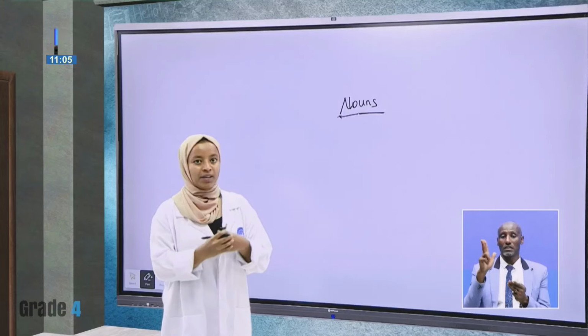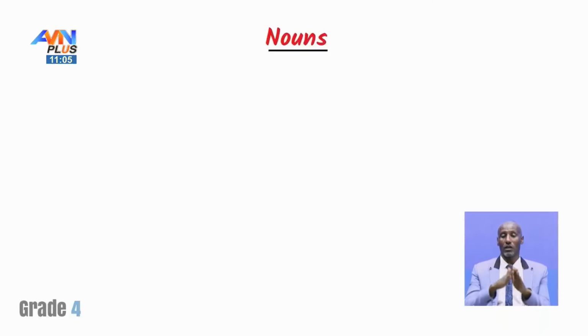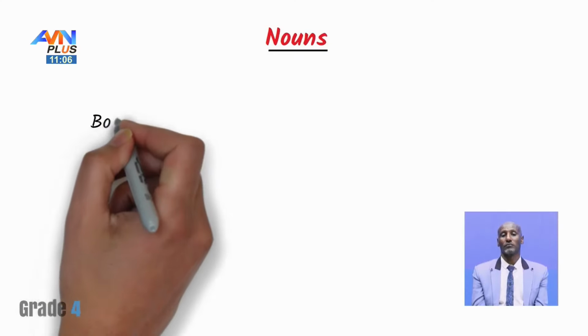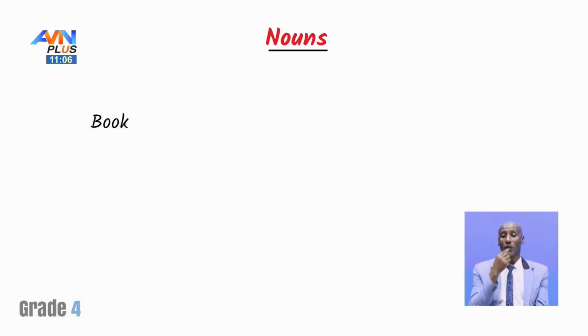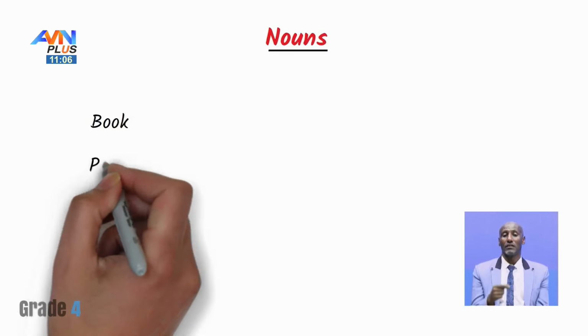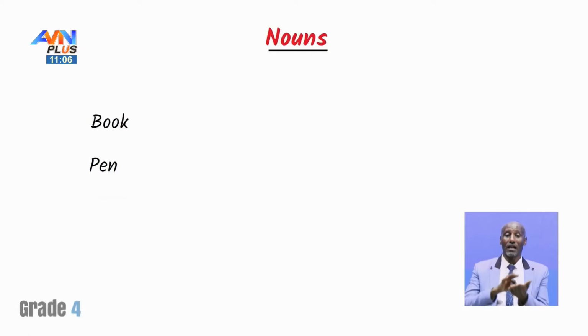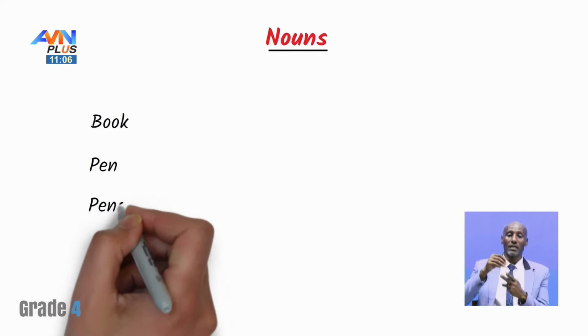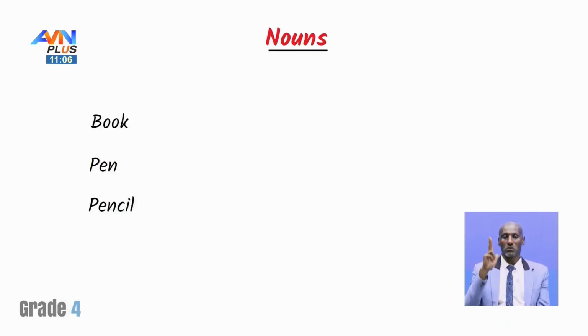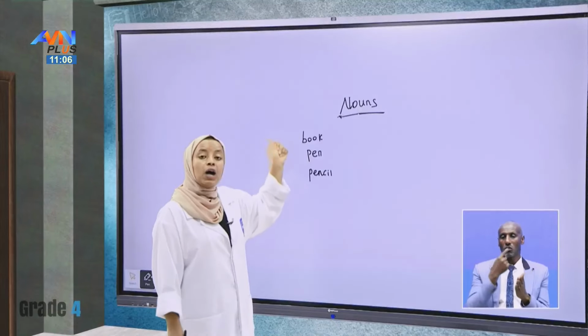For example, book, pen, pencil. These are nouns that you can count: 1 book, 2 books, or 3 books. These are called countable nouns.